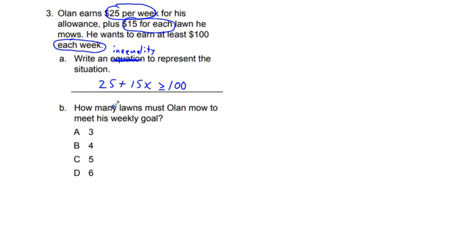And then, how many lawns must Olan mow to meet his weekly goal? And what we say is must Olan mow, and that'd be the minimum. So right here, we have 25 plus 15x is greater than or equal to 100. I saw a lot of people, when I was grading it, just work out an inequality like this.